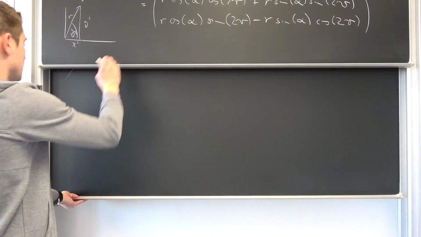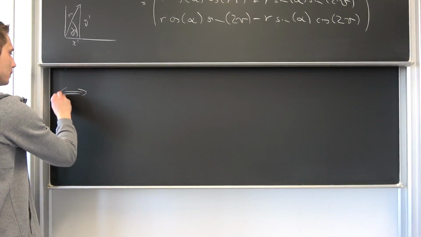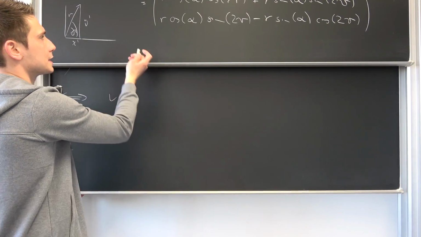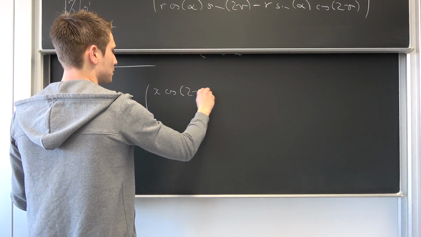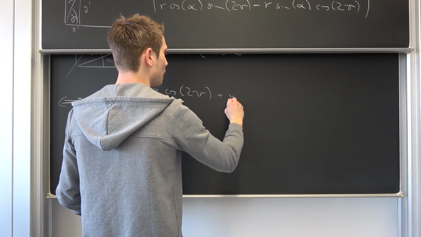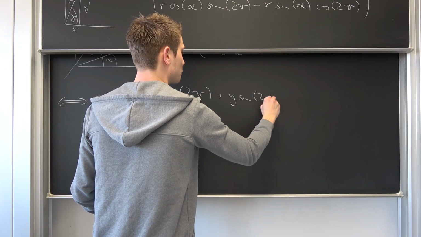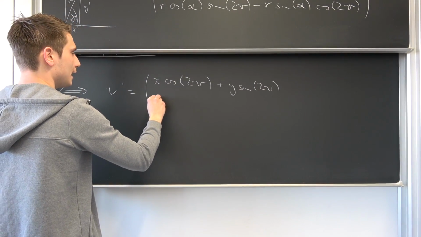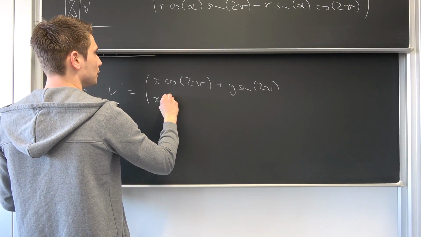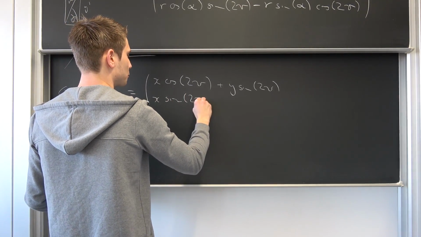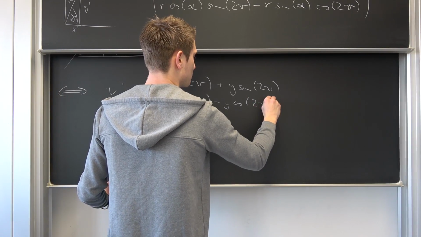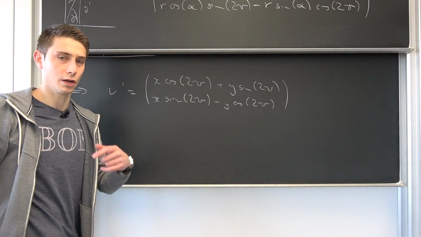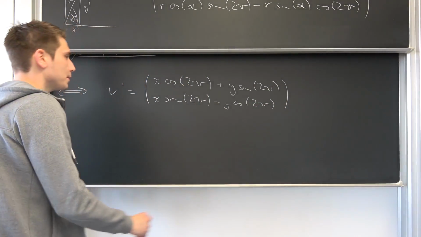Meaning we are going to get overall that v prime is now nothing but x times the cosine of 2 times theta plus y times the sine of 2 times theta, x times the sine of 2 times theta minus y times the cosine of 2 times theta. And now we are going to let some vector calculus magic happen.